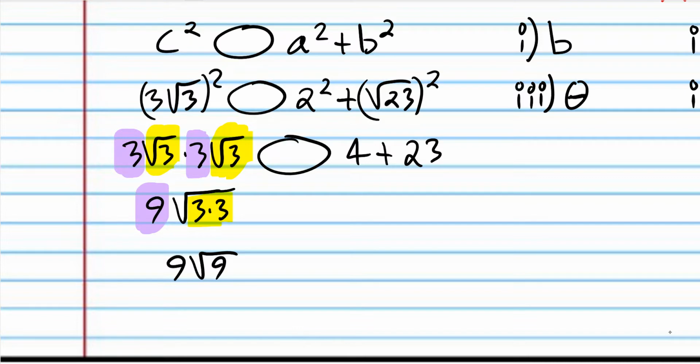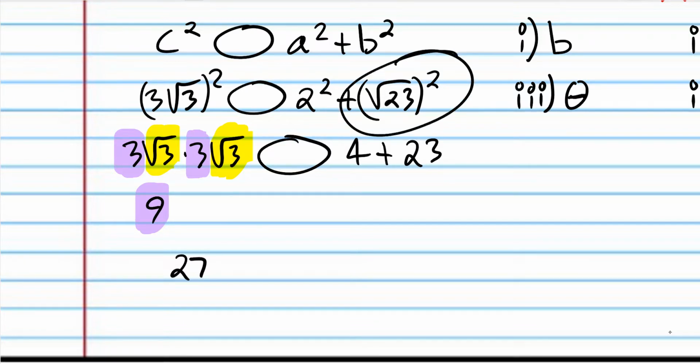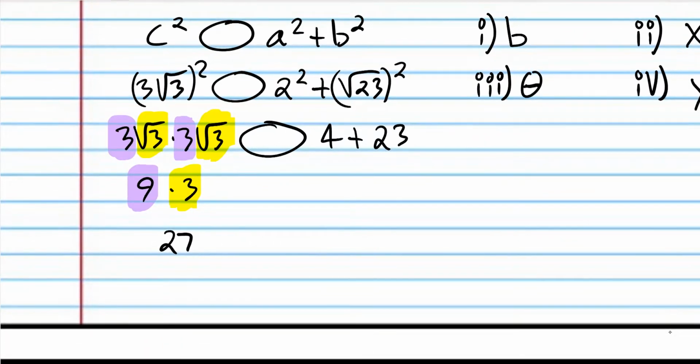You don't really have to show all this work, and I don't really have the room to show it, but root 9 is 3, and 3 times 9 is 27. When you multiply a root by itself, it's again, just like up here, the opposite of square rooting. So you just get rid of the root. Again, you can review all that in my beginning algebra course.